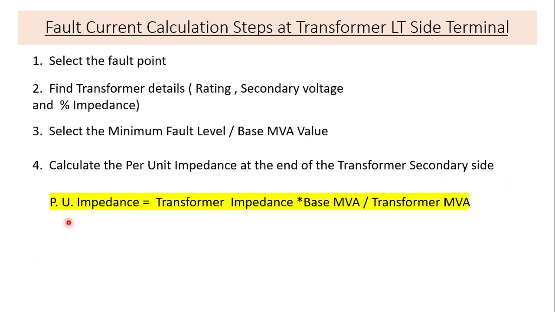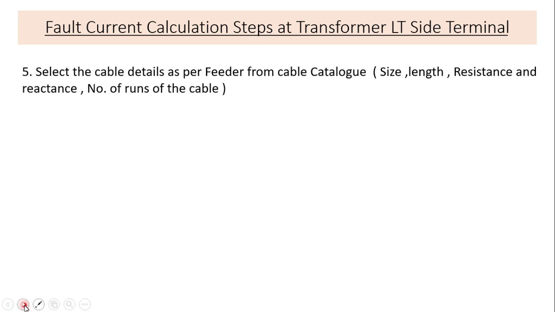This is the formula for the per unit impedance calculation for the secondary side of the transformer: the transformer impedance value into base MVA divided by transformer MVA, which is the capacity of the transformer. This is the formula to calculate the per unit impedance at the end of the transformer.